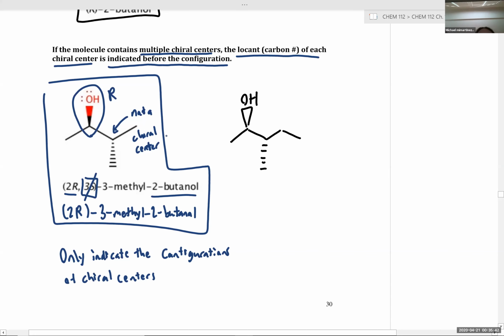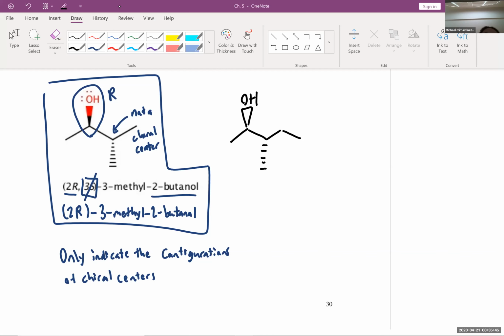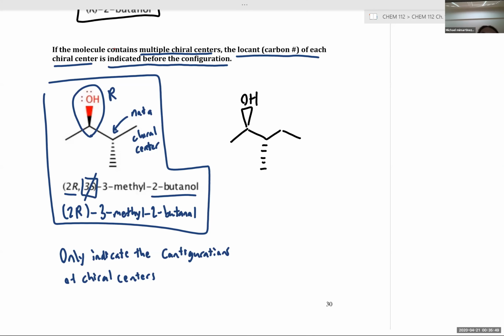So with one quick fix, if we add a carbon, the configuration at our alcohol is still R, and the configuration at this second carbon, which is now a chiral center, is S. So this would be 2R, 3S. This is position 2, this is position 3.